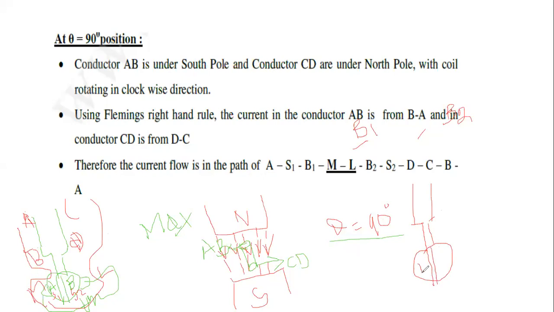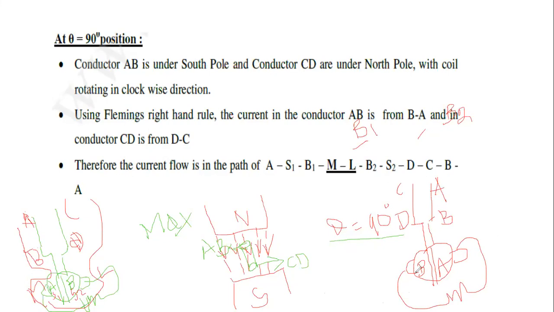This is B and this is A, this is C, D, A, B. In this case also the direction of current flow is the same. This is the load. This is the second position.